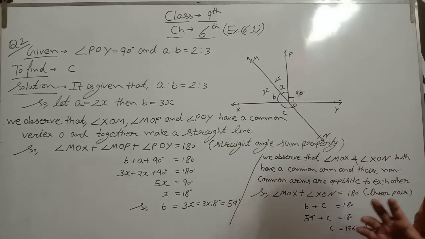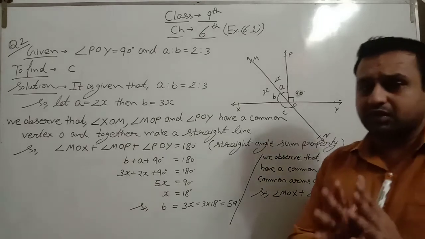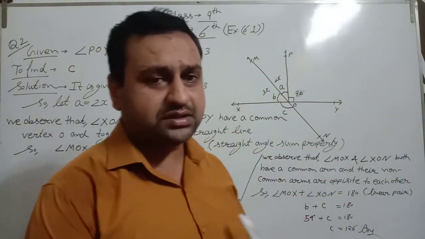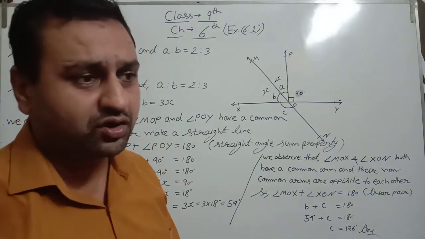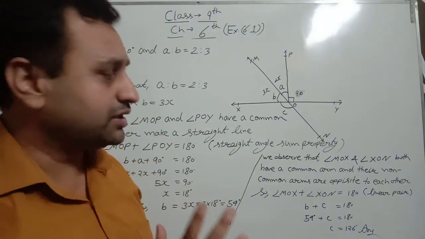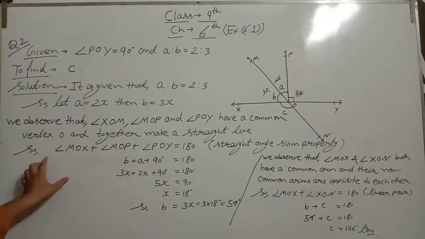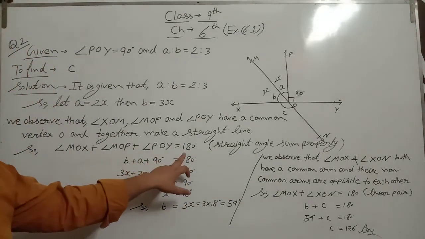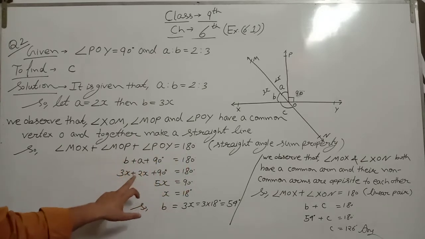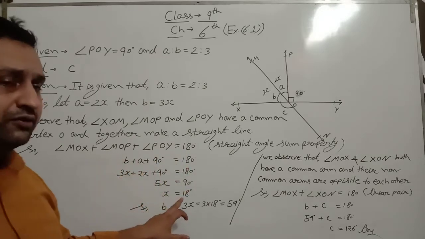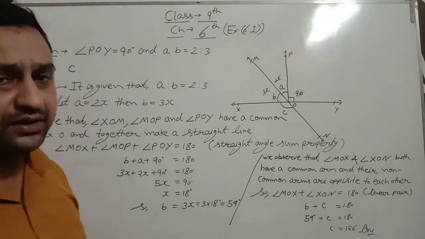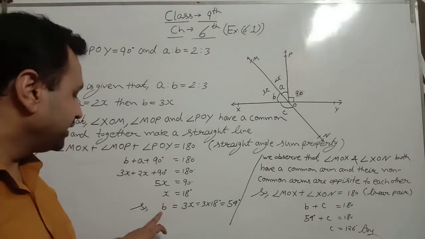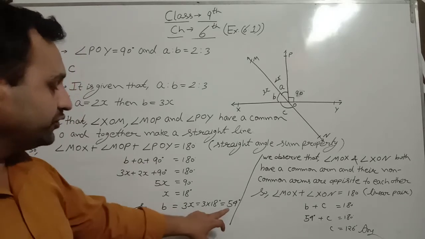Remember, if three or more angles have a common vertex and together make a straight line, then these angles are called straight angles. So the sum of these three angles is 180 degrees. Put the values of these angles and we calculate and find x equal to 18 degrees. Now x equals 18 degrees, so B is equal to 54 degrees.